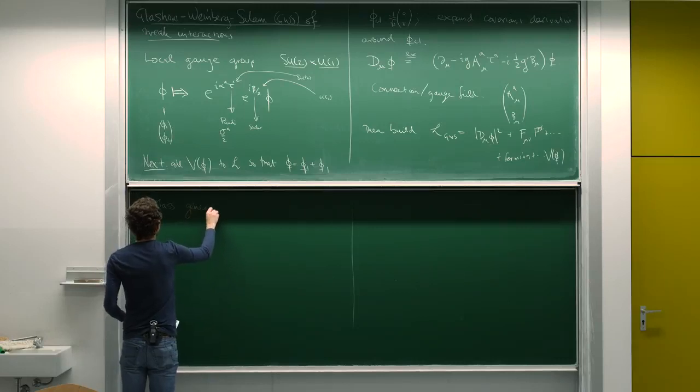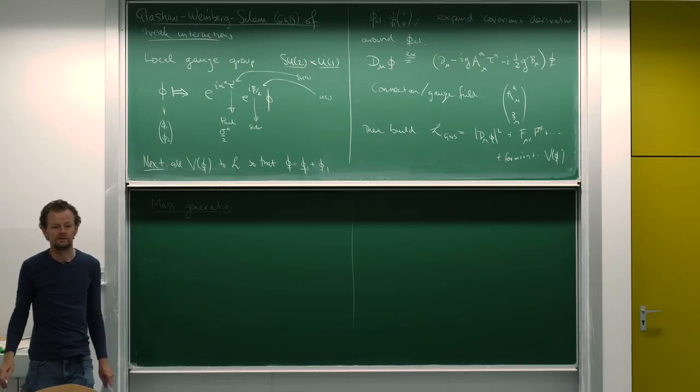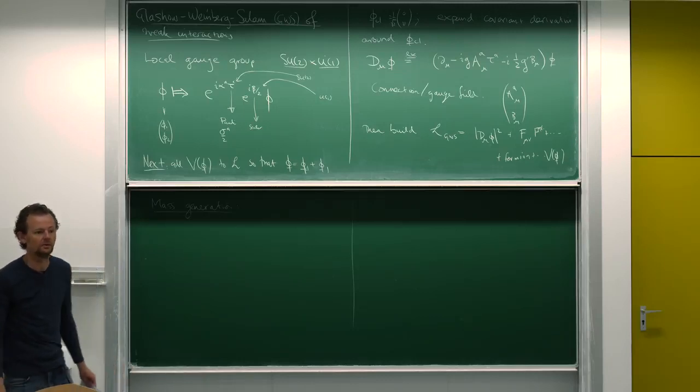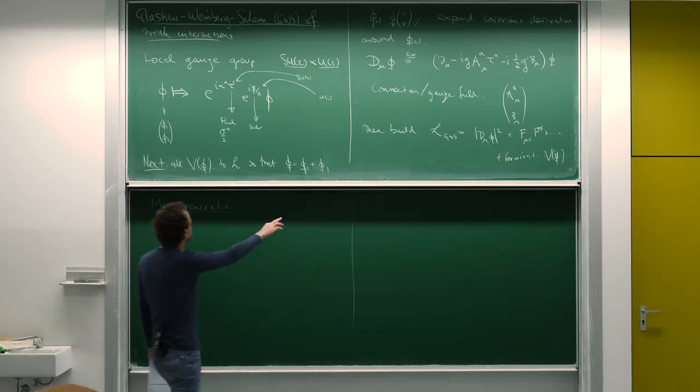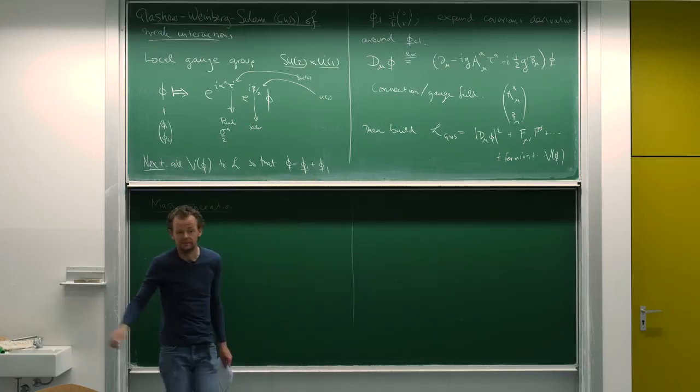So let's now look at the mass generation via this SSB or spontaneous symmetry breaking that occurs when this potential has this particular minima there.